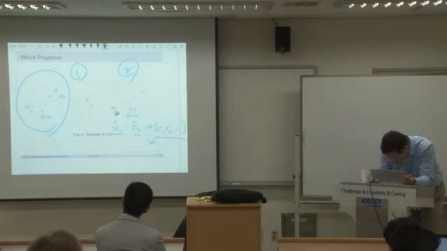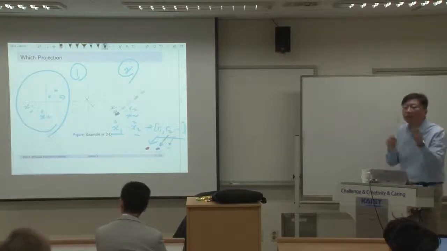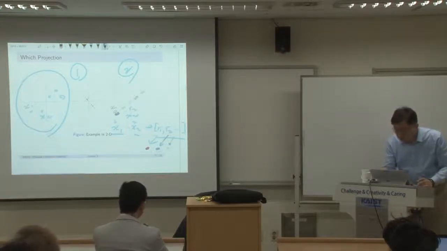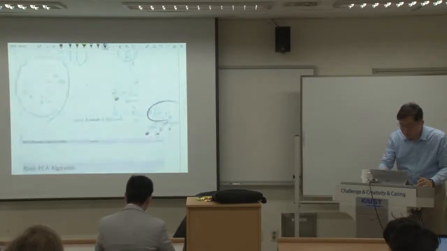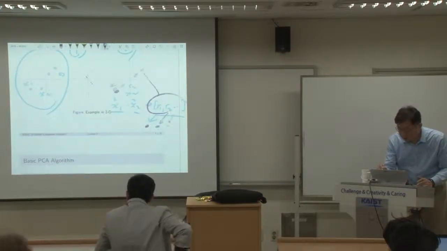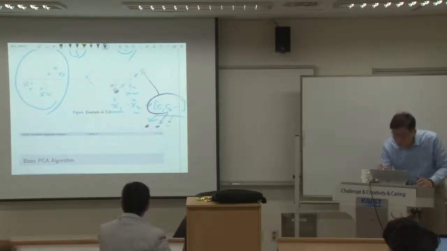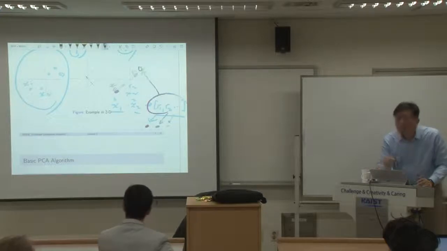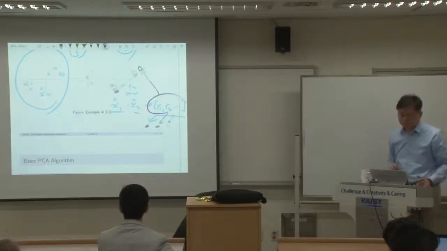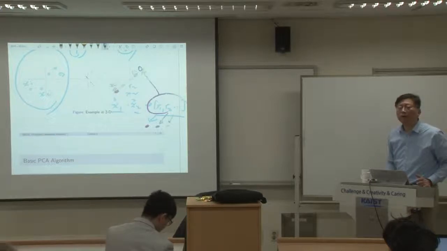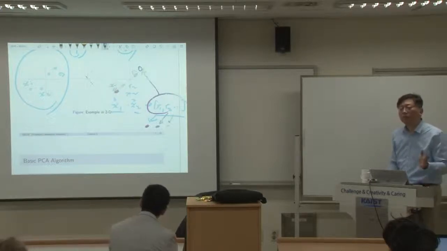So from here, we could get all these points. That's the reconstructed point, right? From this, we can get all the green points. And the error will be that. That will be the error. You understand what I'm saying?